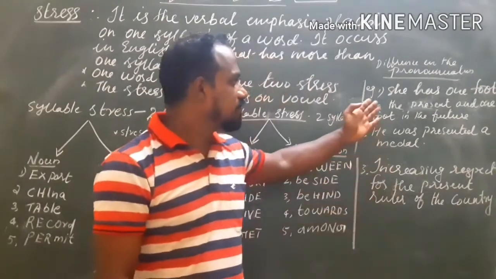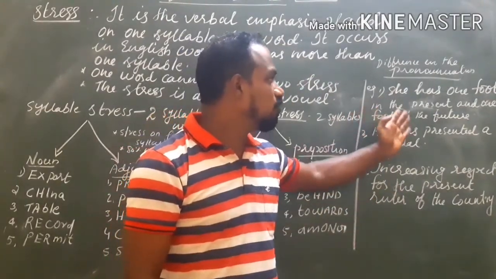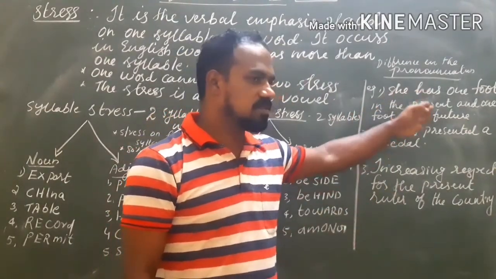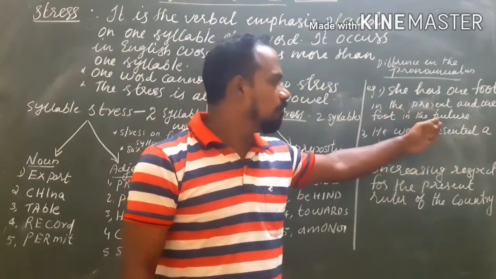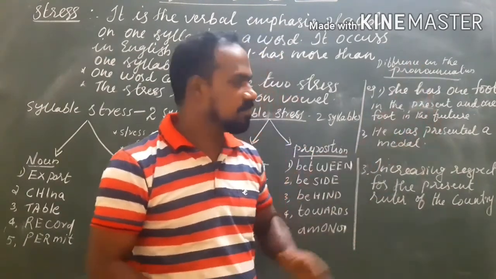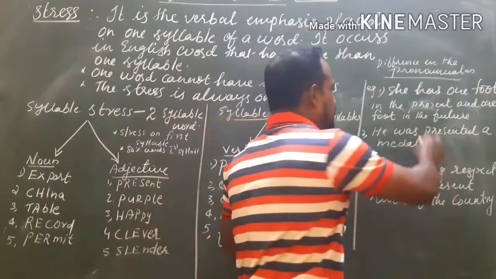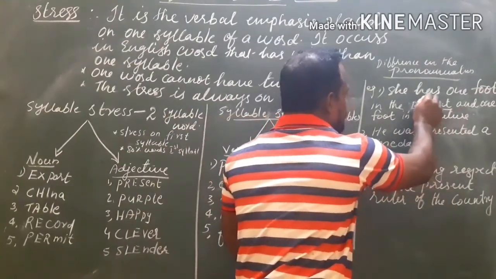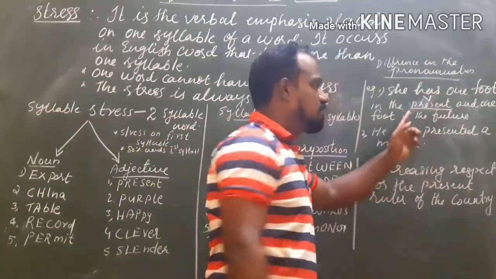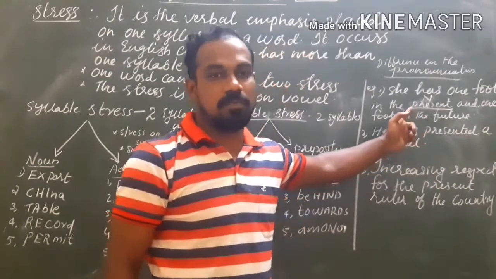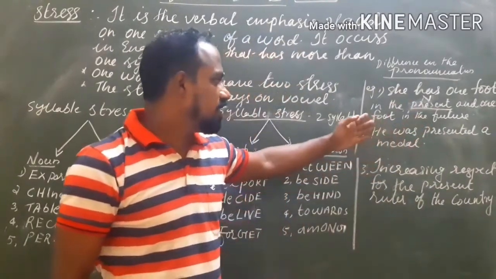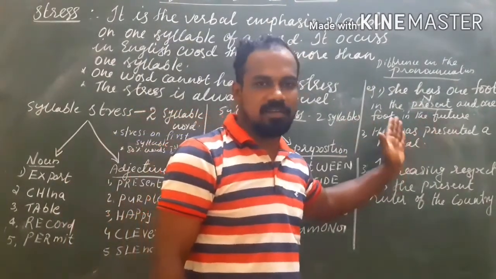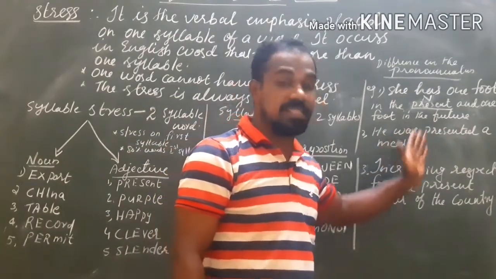Look here. She has one foot in the present and one foot in the future. See, here this present is used as a noun, so I stressed the first syllable, present. He was presented a medal. He was presented a medal.